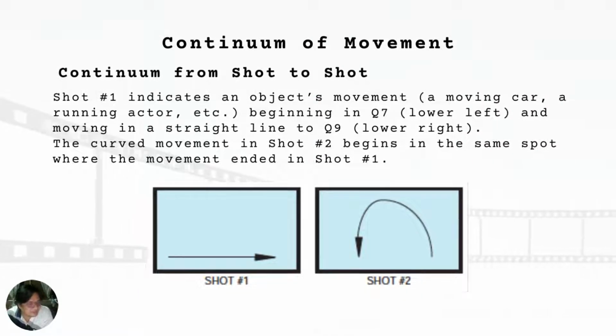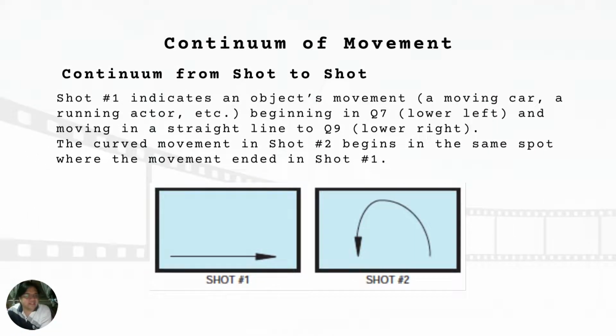Again, a continuum from shot to shot. Let's have another example. Shot 1 indicates the object's movement. Let's say this is a moving car and the other is a running actor. So, shot 1 is the moving car and shot 2 is the running actor. Beginning in quadrant 7 or the lower left of your screen and then moving straight to quadrant 9, the lower right of your screen.